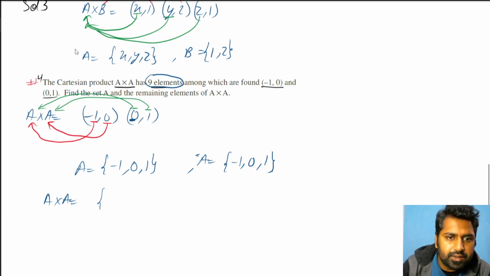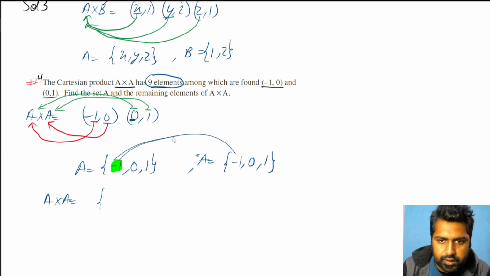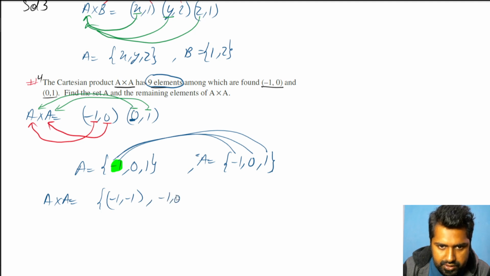Take the first element and combine it with the second set, which is A itself, with minus 1, 0 and 1. So minus 1 comma minus 1, minus 1 comma 0 and minus 1 comma 1.